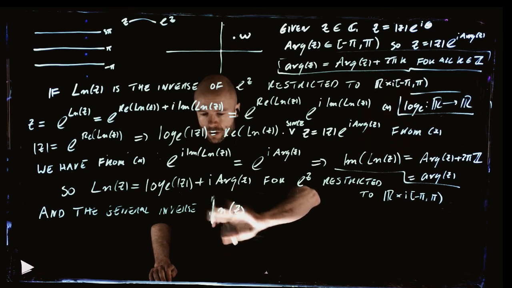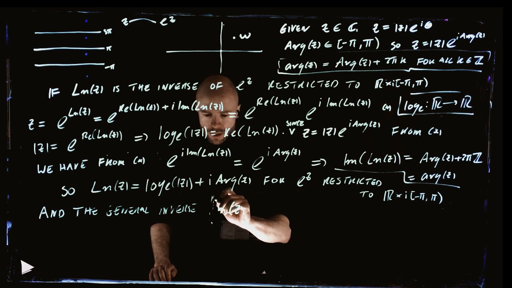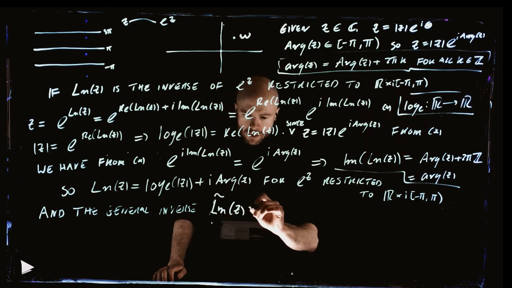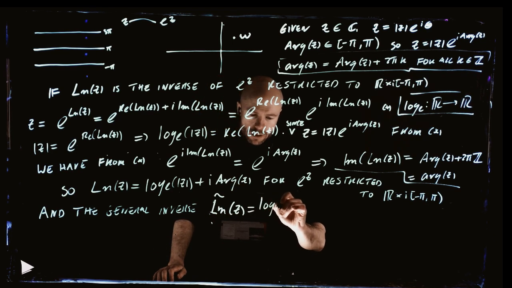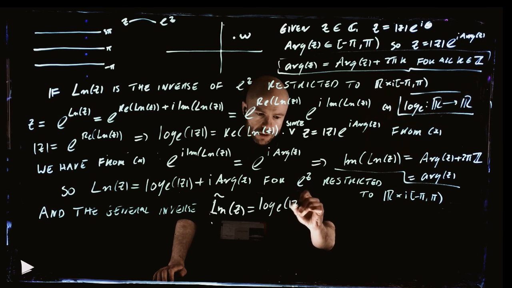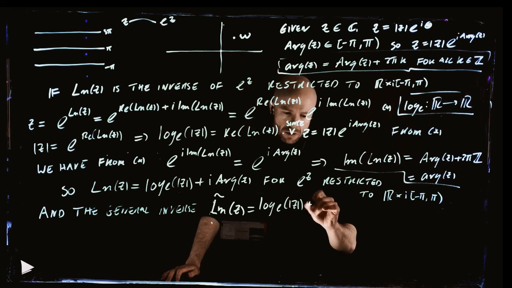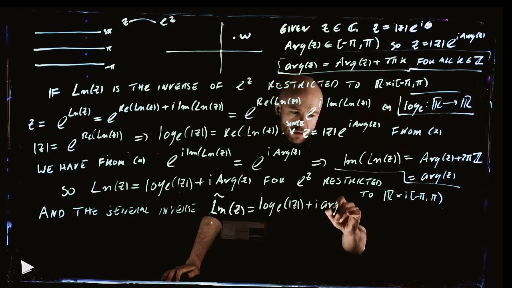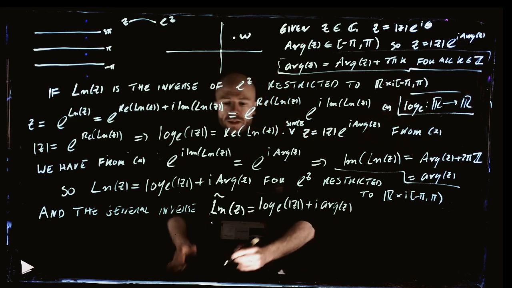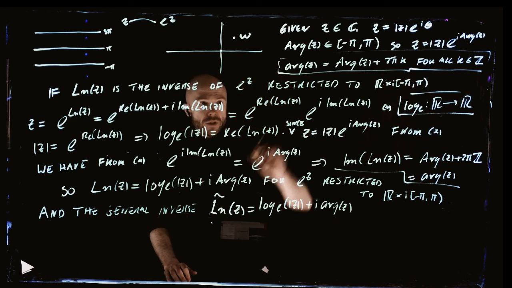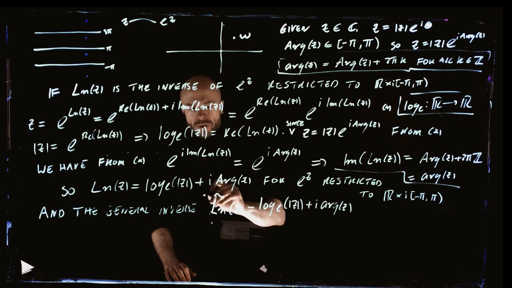Maybe I don't know. I will say Log and then put a tilde or something. Log, and now we have this. So for every z over here we have an entire infinite set.